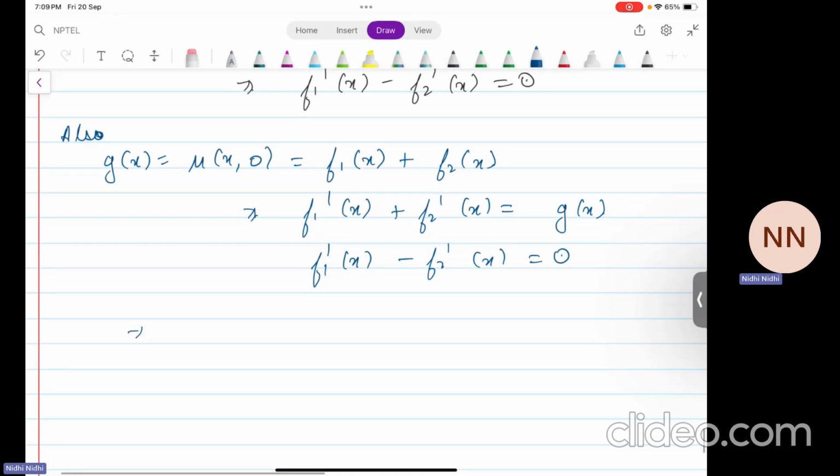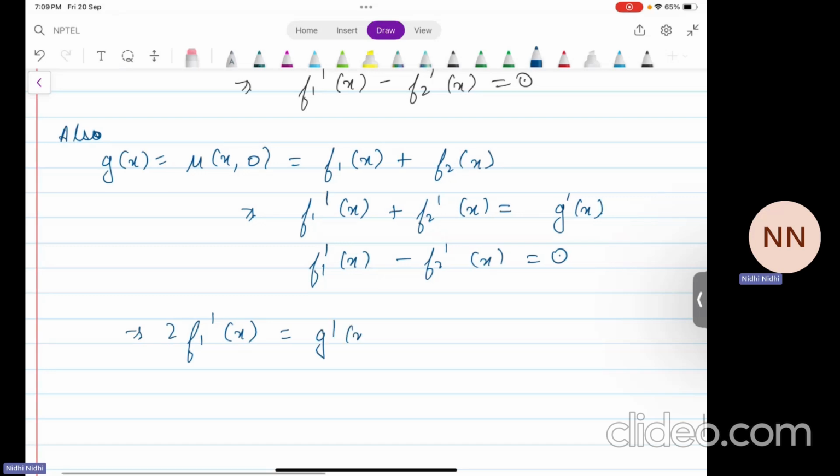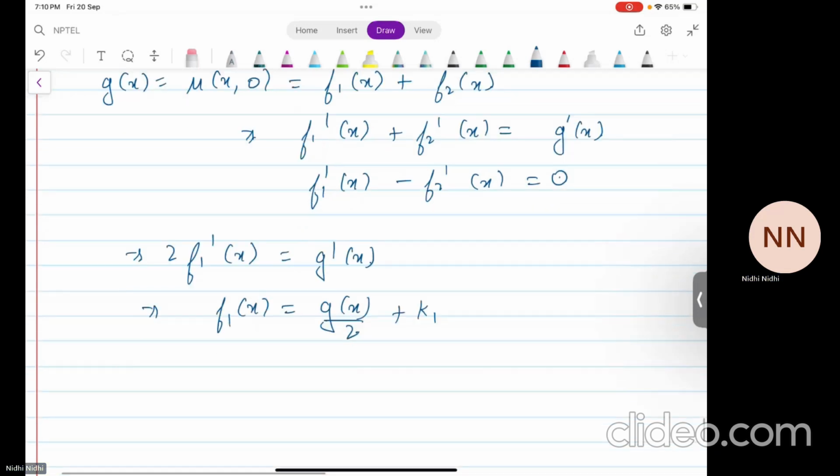Now from these two equations we get 2 times f1 dash x is equal to g dash x, which gives us f1 x is equal to g x by 2, or we can say we have some extra arbitrary constant as well, plus k1, and f2 dash is equal to f1 dash, which implies f2 x is also equal to g x by 2 plus some other constant k2.